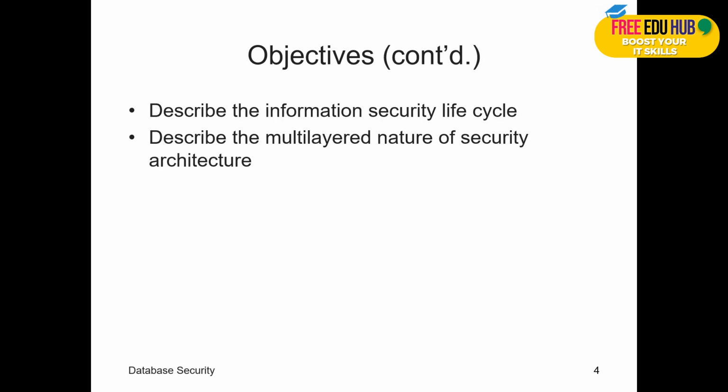But if the database of an organization is compromised, it's a very big loss to any organization. Companies go bankrupt by just losing the information, because they'll have to check, if your database was compromised, what's the integrity of the data?